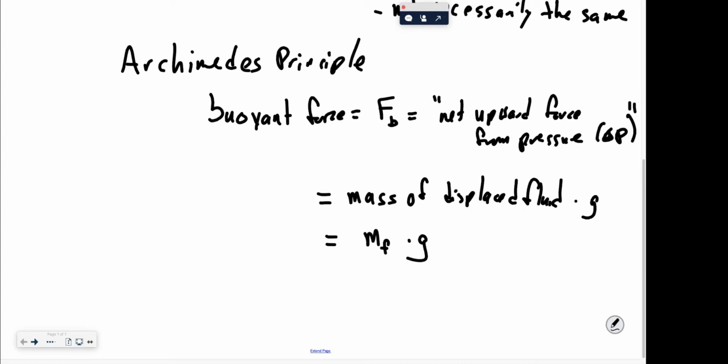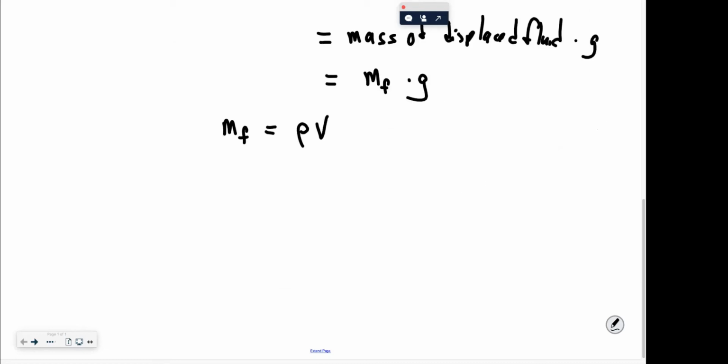Okay, what is MF? Again, let's be clear about this. This is rho times V, right? Mass equals density times volume. But this is where it gets confusing, because we've got two different things here. Rho is the density of what? The fluid.